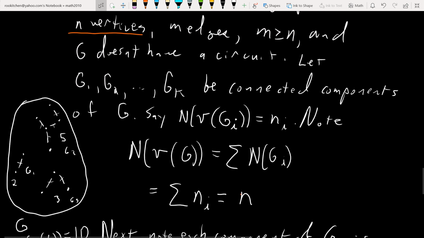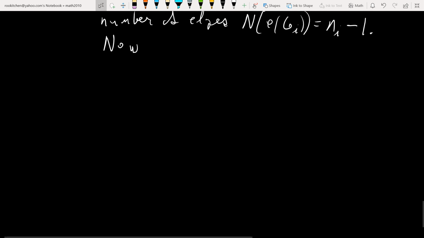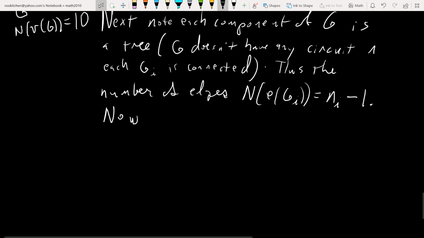We're given in our supposition that the number of edges originally is little m. So little m is the number of edges on G. Let's not go to the sum just yet. We could just say little m is equal to the number of edges on G.